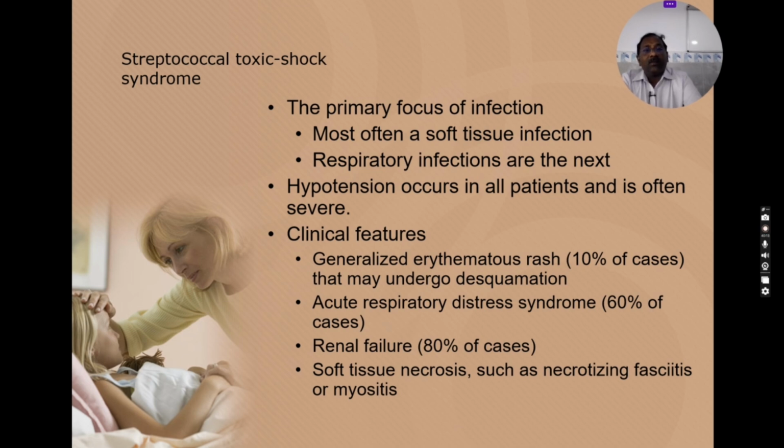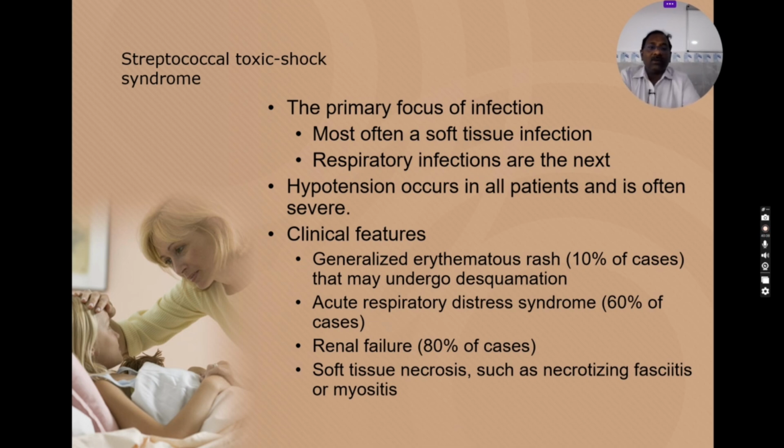Hypotension occurs in all patients and is often very severe. So clinical features here: the rash, in about 10% of the cases. It's a generalized erythematous rash that may undergo desquamation, or forms on the soles. ARDS in about 60% of the cases. AKI in about 80% of the cases.